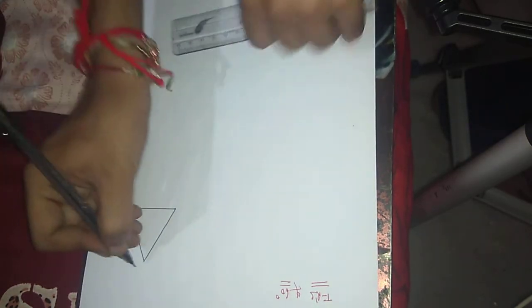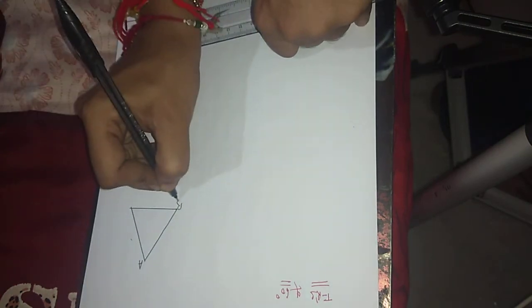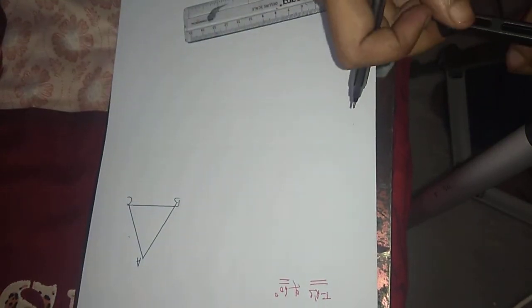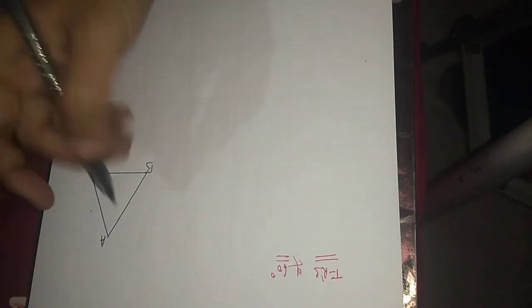Suppose this is the equilateral triangle ABC, in which all the sides are equal in length. Suppose all the sides have the length x, x, x.